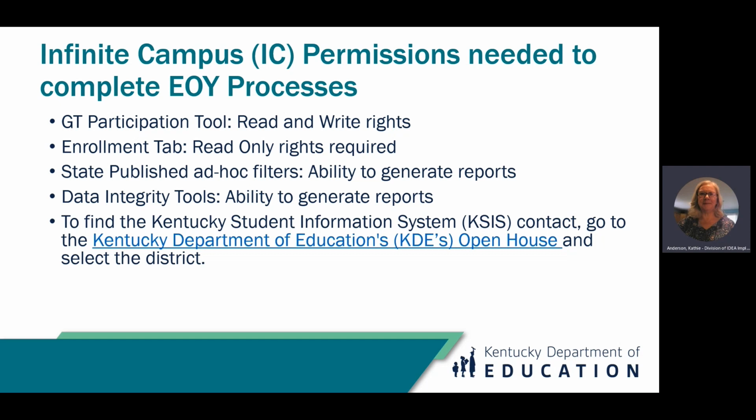Then you'll also need rights to the data integrity tools. And the data integrity tools allow you to compare state and local data sets to ensure you're not missing any GT records. And again, to find the Kentucky Student Information System contact, you can go to the Kentucky Department of Education, KDE's open house, and select your district, and the KySIS person will be listed on your district webpage there.